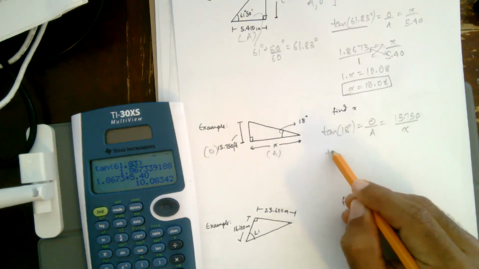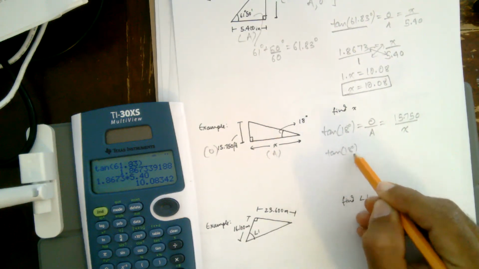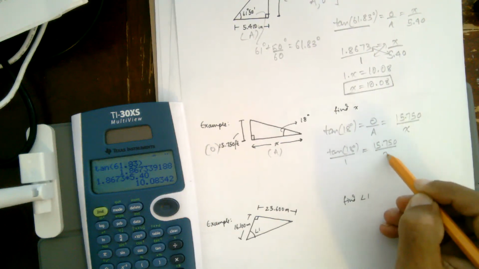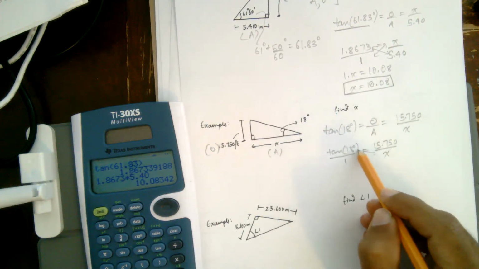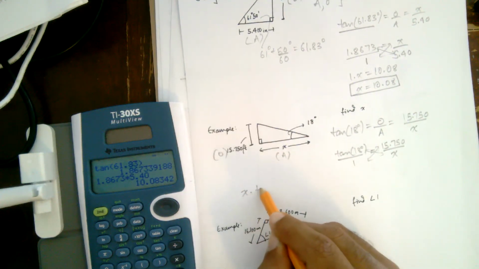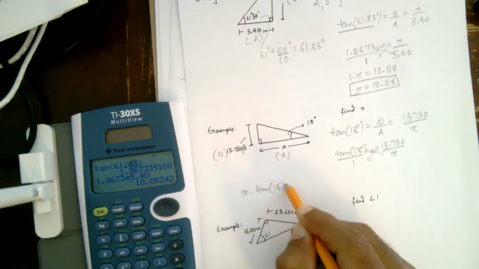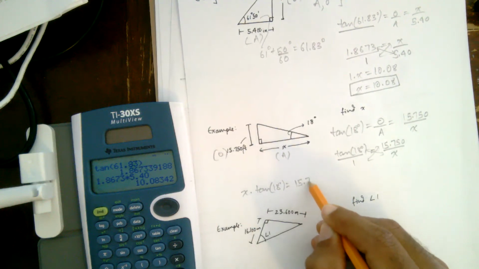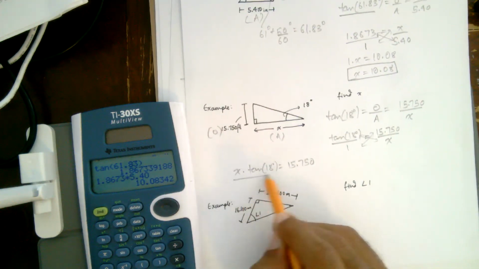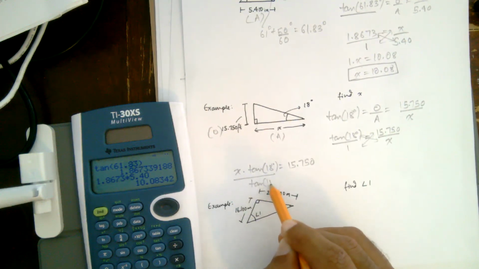Keep writing this as tan 18 over 1, equals 15.750 over x. Cross multiply, you get x times tan 18 equals 15.750. Now to isolate x, you're going to have to divide both sides by tan 18.